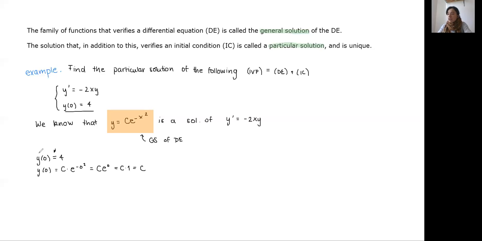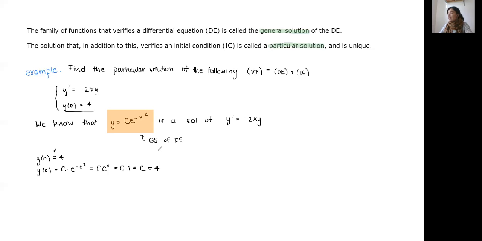Even if you forgot about the first part, you know that y of 0 is given by that because you've already found the type of function that this is going to be. Now what I'm going to do is force it to be equal to 4, right? Because I need this to be true.